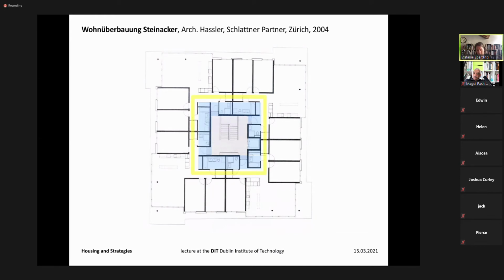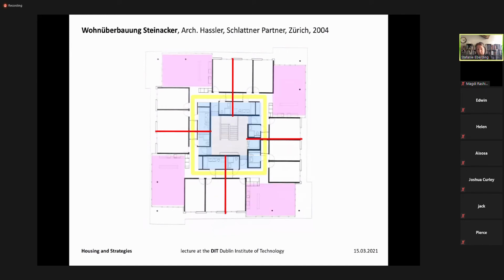You have the internal circulation ring. So we can remind what I showed you with the depth zone, the 2 to 3 meters for the side rooms, the 1 meter for the internal circulation, and then the living spaces around.